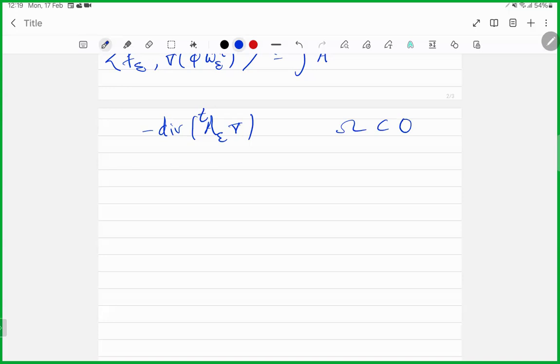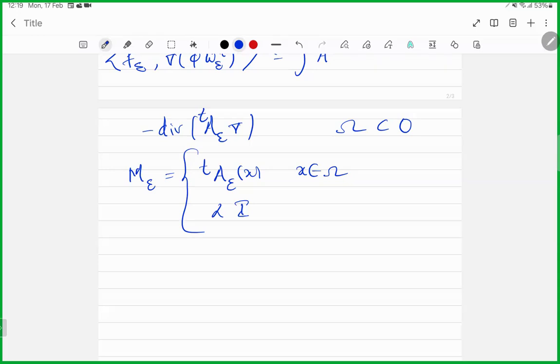You take a bigger set O, and let me define a matrix M epsilon, which is the transpose of A epsilon whenever you are inside omega, and when you are in the outside complement of omega, you just extend by alpha I, where alpha is the ellipticity constant of A epsilon.